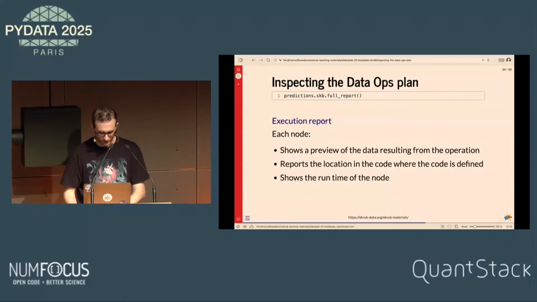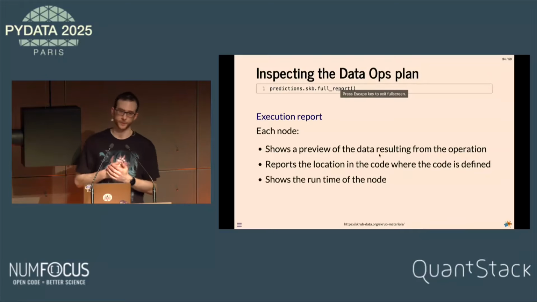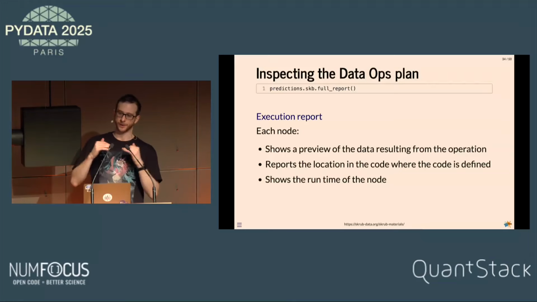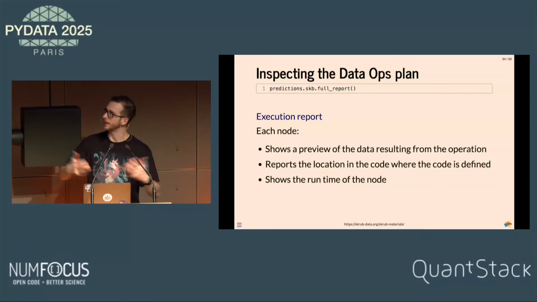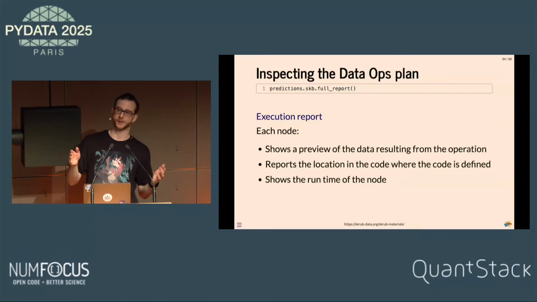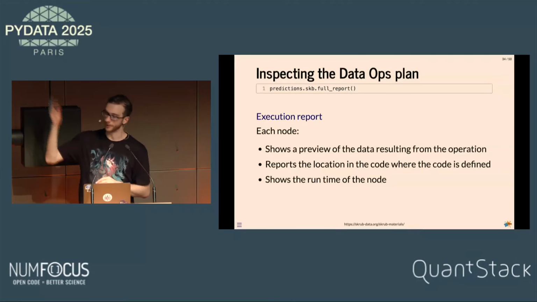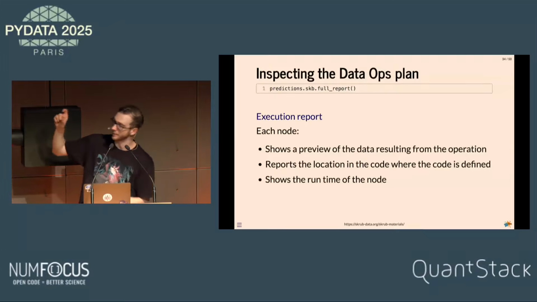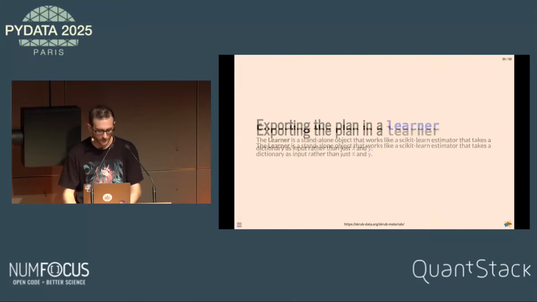And what you also have is that this report is fully offline. Once again, you don't need a Jupyter Notebook to access it. It's HTML. And one thing that you can do is, once you save the learner, I will explain what it is in a moment, which is like once you save the DataOps plan, you can come back to this in a few months' time, load it back, and you get the same report to say, okay, this is what this thing is actually doing. And you can mark nodes. So it's very easy, helps with maintainability.